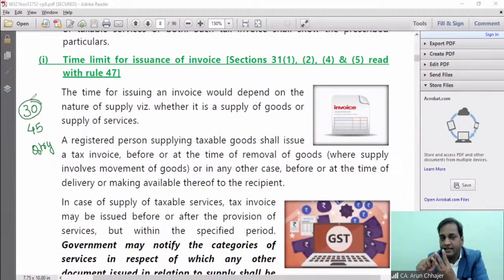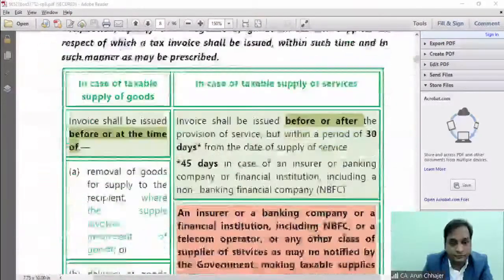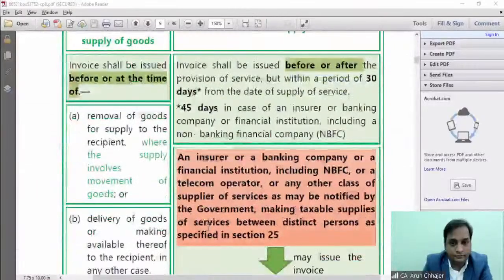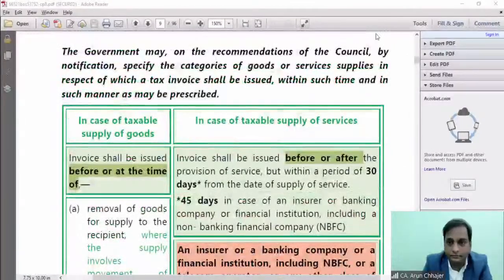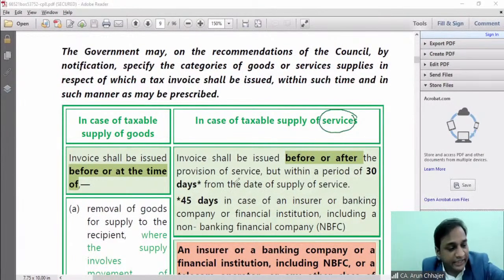In some cases it can be 45 days and in some cases quarterly. So normally in case of supply of service, we need to issue the tax invoice within 30 days.